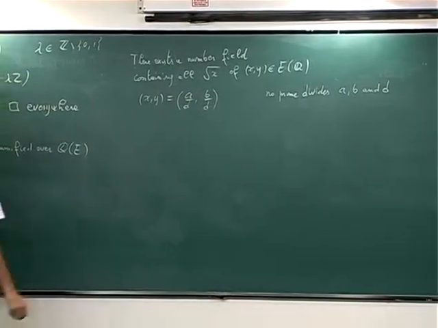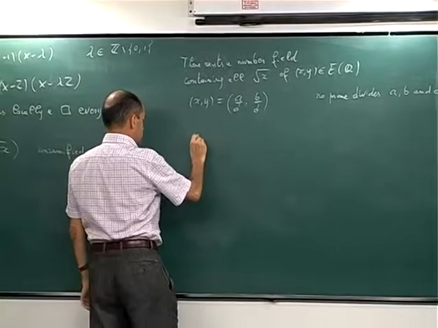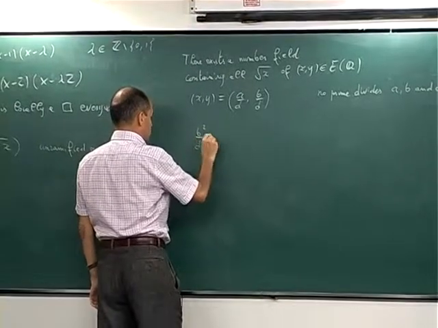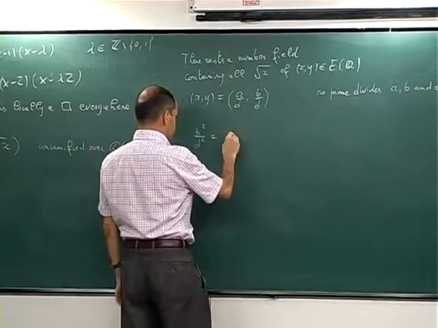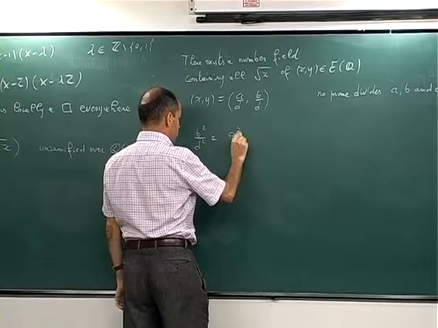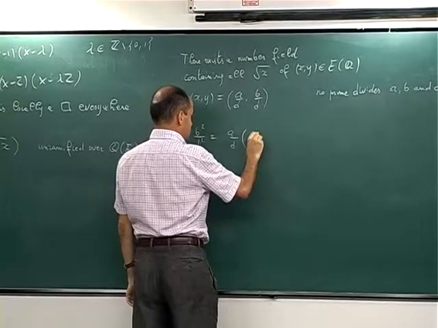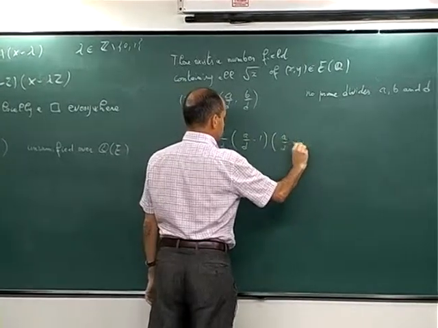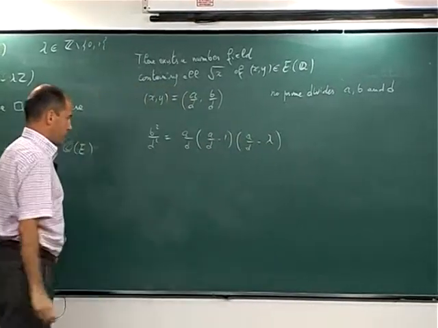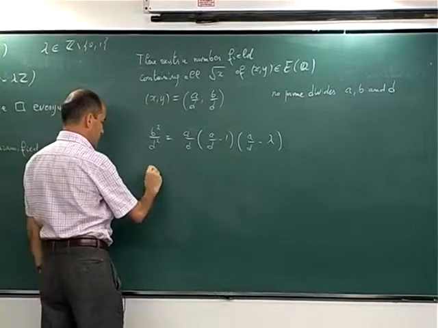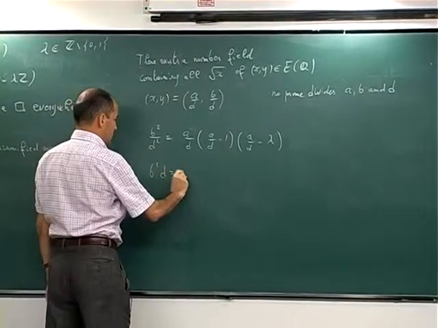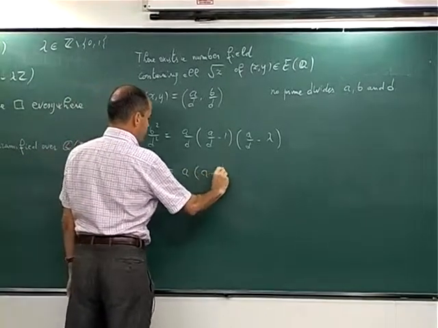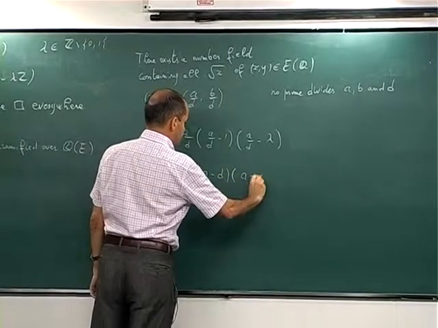And we write the equation, so it is B squared times A over D minus 1, A over D minus lambda, multiplied by D cubed, so B squared D equals A minus D, A minus lambda D.